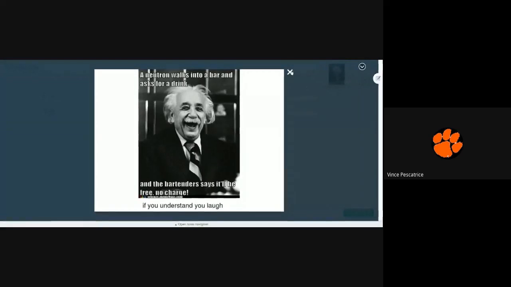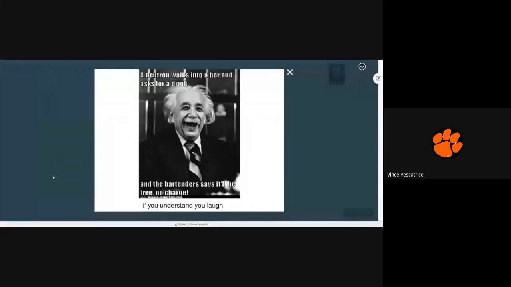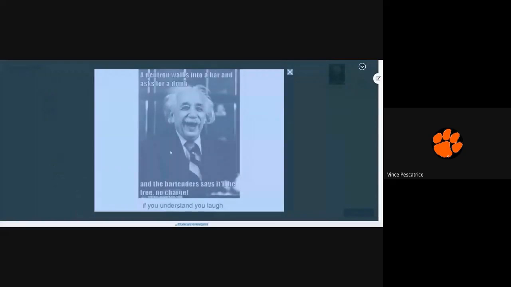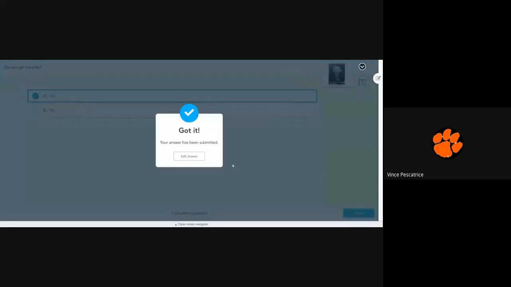All right, guys, get it? A neutron goes into a bar. A neutron is neutral. Neutrons don't have a charge. So that's why there is no charge. The drink is free. Ha ha. There we go. There's the answers I'm looking for. There's lots of science jokes. I appreciate good science jokes. And you should too.